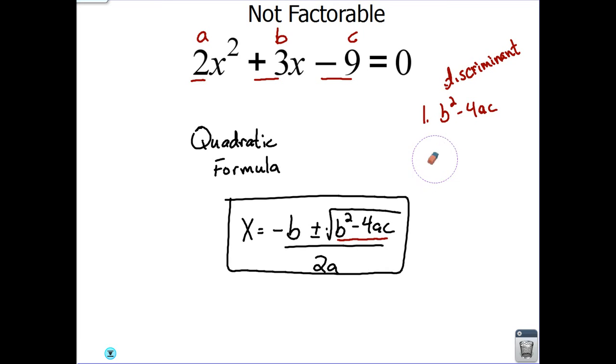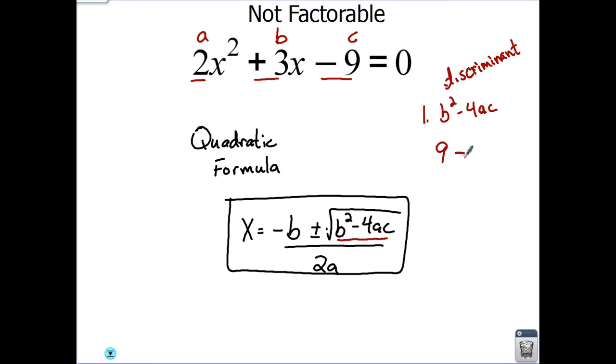Let's first work b squared minus 4ac. Here's how I do it. I go ahead and do b squared first, b to the second power, because order of operations I have to anyway. Since b is 3, 3 to the second power is 9. And I put my minus there, the minus from my formula. My next step is I always do 4 times a times c.